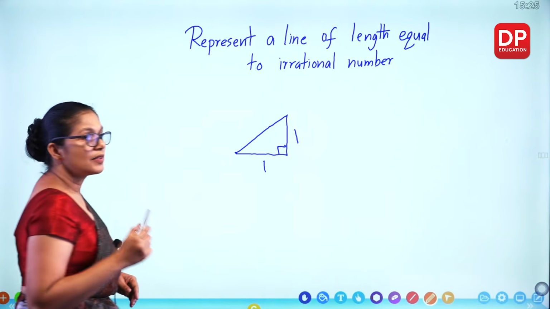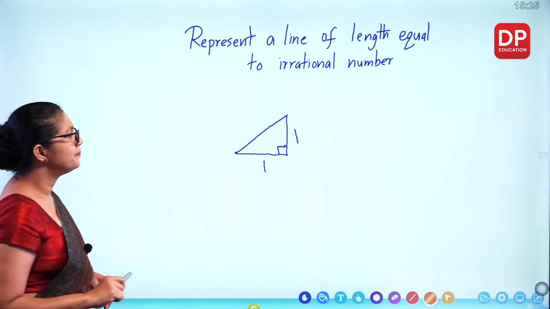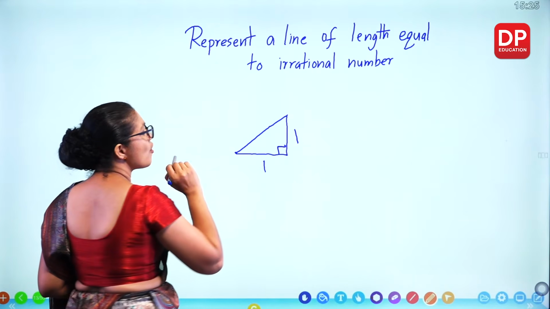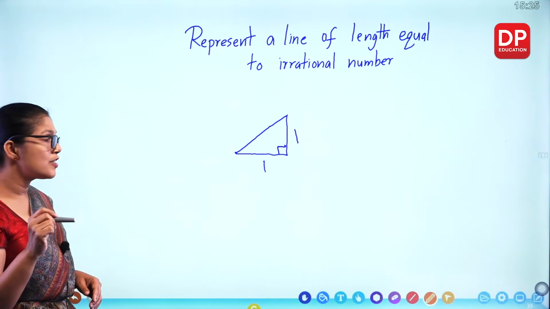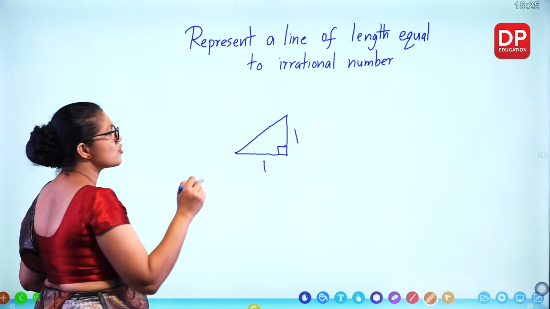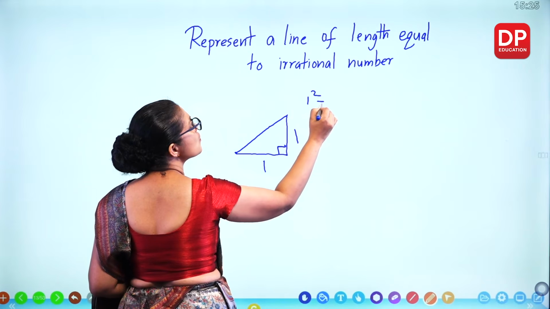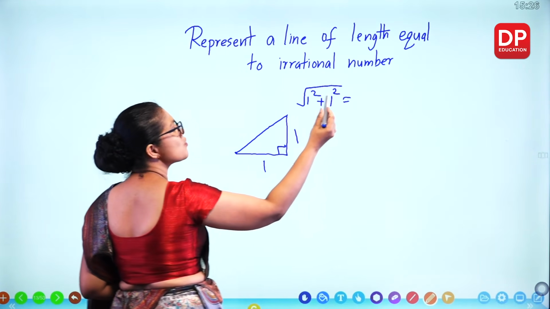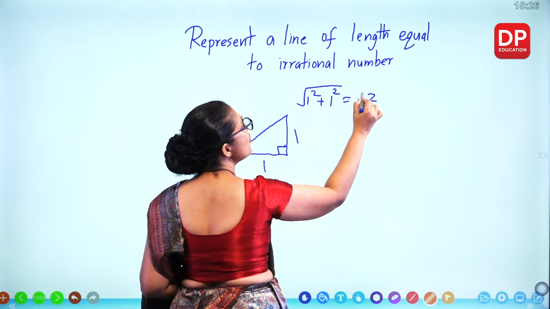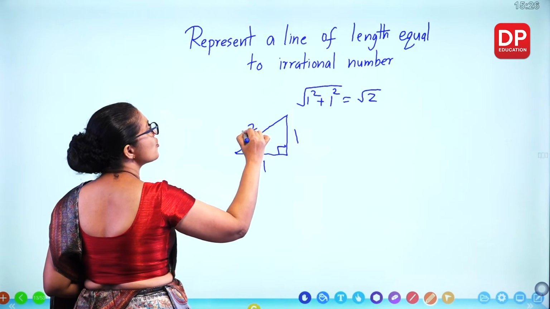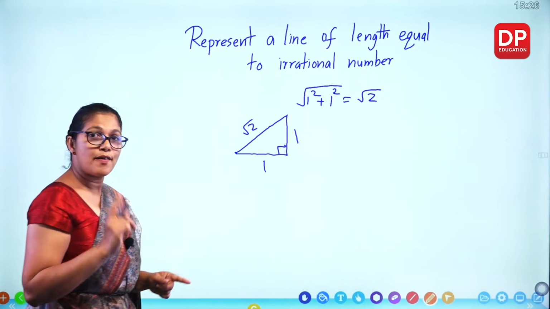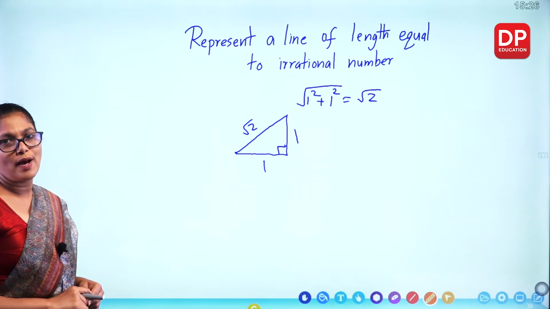According to Pythagoras theorem, the hypotenuse squared is the sum of squares of the other two sides. 1 squared plus 1 squared, and take the square root. 1 squared is 1, 1 plus 1 is 2. You get square root 2. So when you consider this length, it represents the root 2 value.